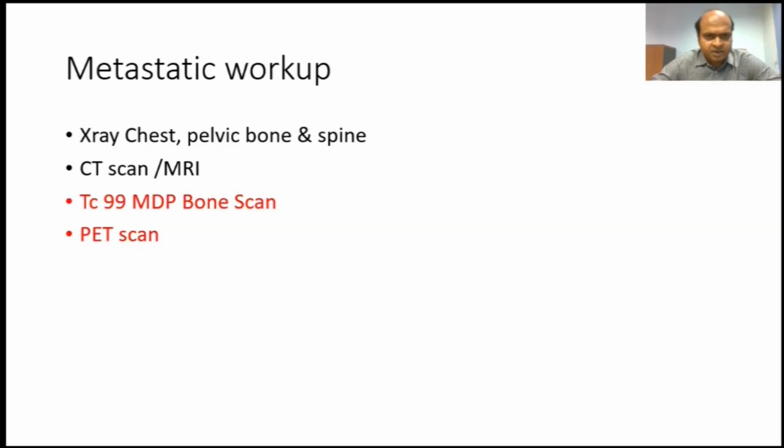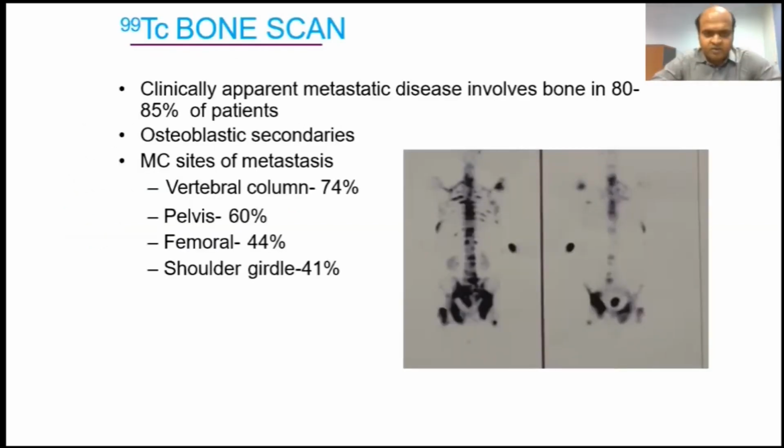prostate cancer evaluation. As we know, the most common site of metastasis in approximately 80 to 85% of patients of prostate cancer involves bone. So it can detect bone metastasis with good sensitivity and specificity.